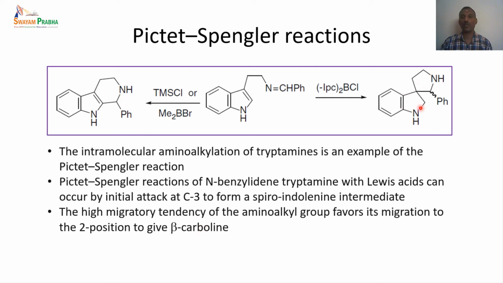So this is one of the intermediates which can be trapped as shown here when we use this particular reagent. So we can actually stop the reaction at this particular intermediate and we can get this spiro derivative. If the reaction is allowed to proceed further, then we finally end up with this beta carboline derivative as shown here.